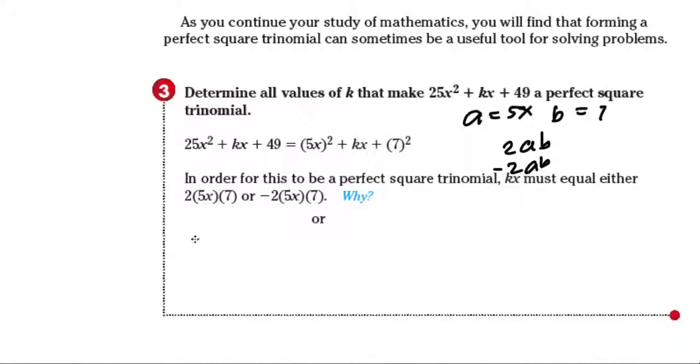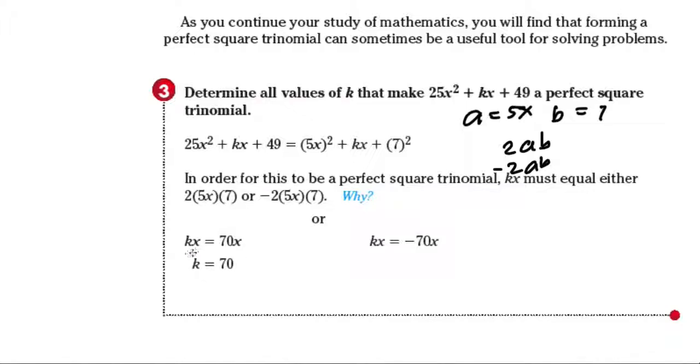Or kx is equal to 70x, because 2 times 5 times 7 is 70x, and negative 2 times 5 times 7 is negative 70x. And we simply solve for k. Solving for k, divide both sides by x.